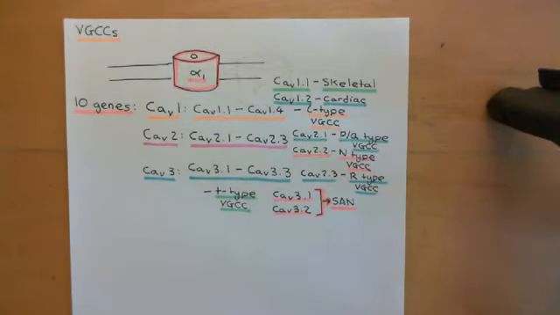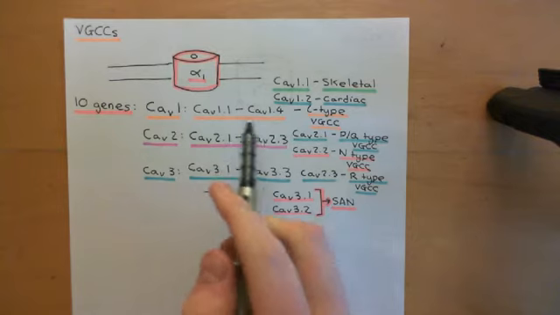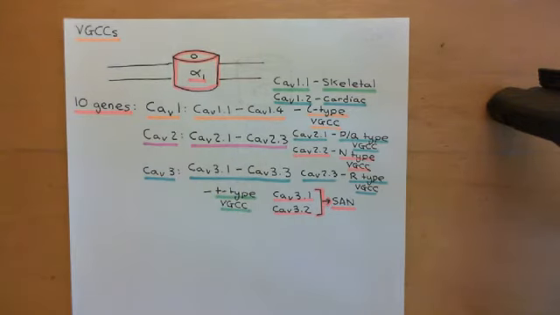So when someone talks about an L-type voltage-gated calcium channel, all that means is that the alpha-1 subunit of the channel in question is from this CAV1 family of alpha-1 subunits. So it was produced from one of these four genes here, CAV1.1 to CAV1.4.